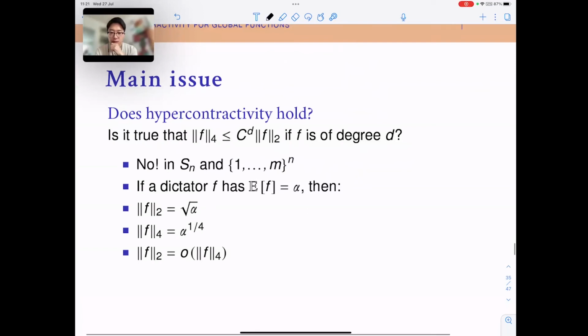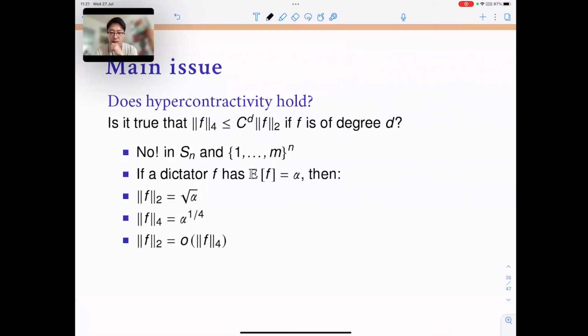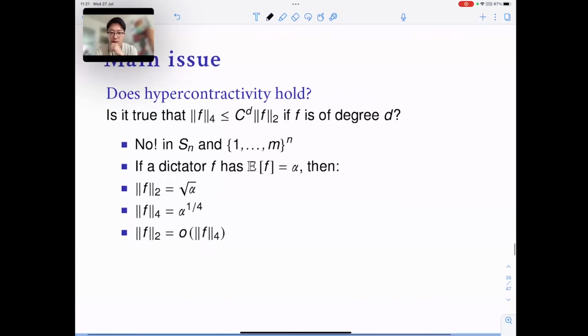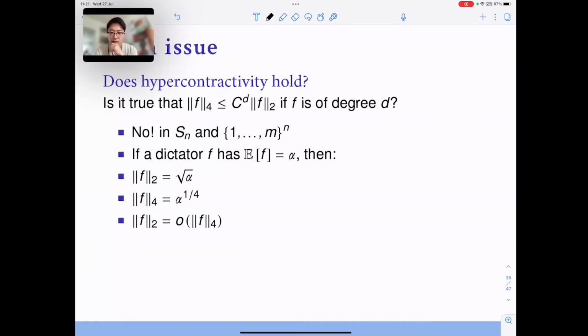Why is that? The dictators, as we said, have degree 1, and they are Boolean in these domains. If we take a dictator with expectation alpha, and alpha is little o of 1, then the 2 norm is root alpha, because f takes Boolean values, and the 4 norm is alpha to the 1/4.